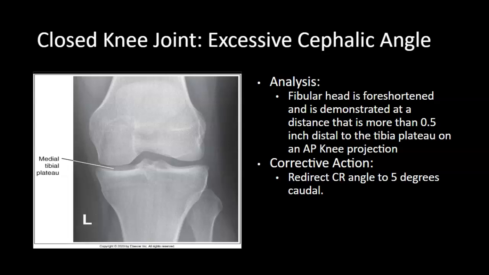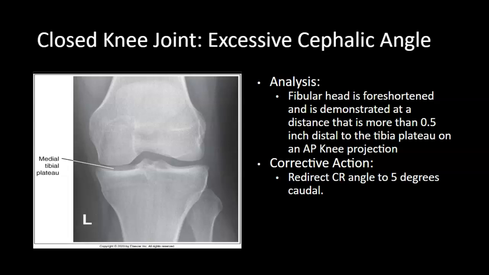When the knee joint is closed, we can determine that poor central ray angulation by judging the shape of the fibular head and its proximity to the tibial plateau. If the fibular head is foreshortened, as in this case, and is demonstrated at a distance that is more than half an inch distal to the tibial plateau on an AP knee projection, then the central ray was angled too cephalic, too much cephalically.